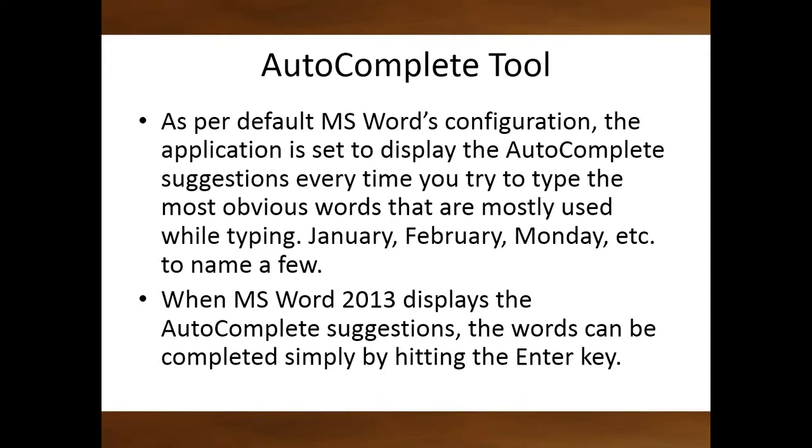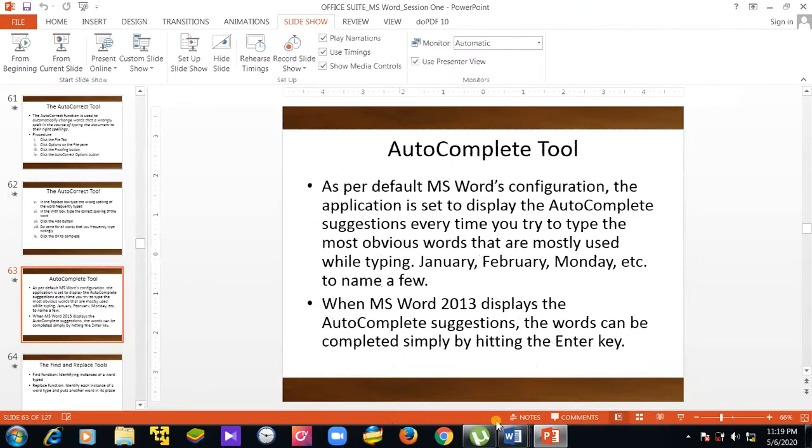So just understand that the autocomplete tool gives a word in a tooltip form which we can accept or reject. The moment we accept, the program completes the word that you are trying to type for you. That is when you press the enter key. If I type JAN, let me show you as an example.